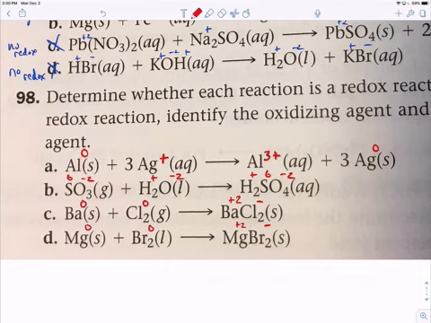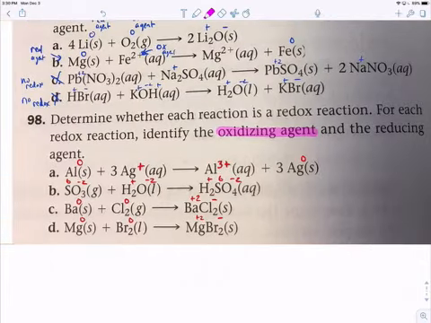State whether it's an oxidation-reduction reaction, and then identify the oxidizing agent and the reducing agent.